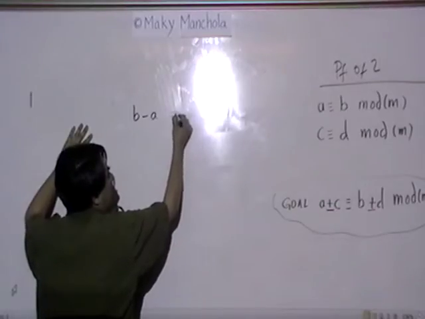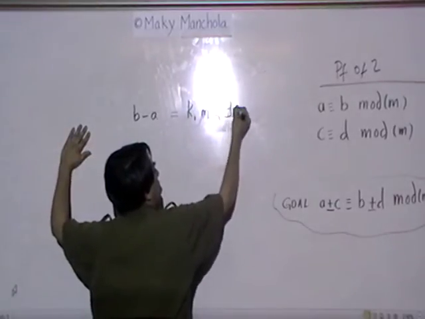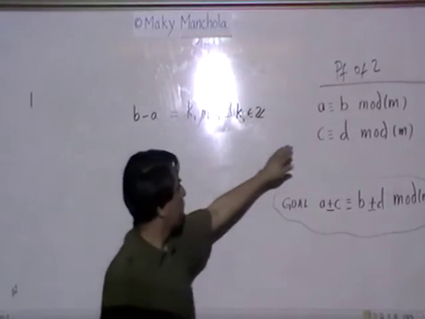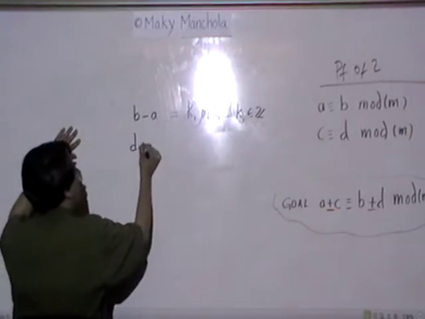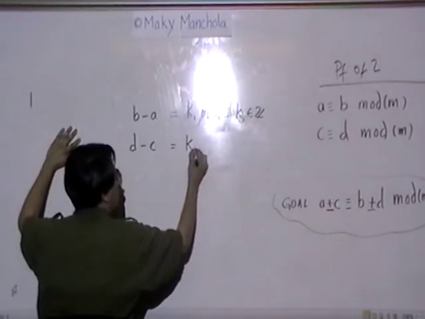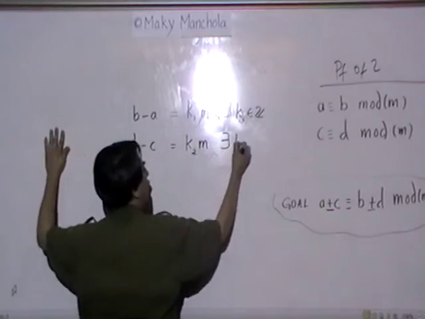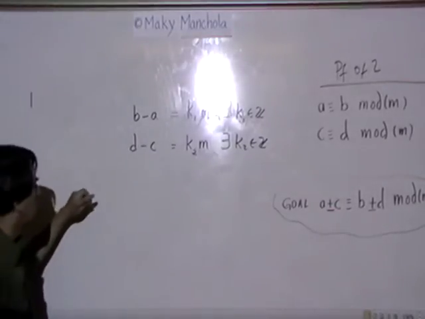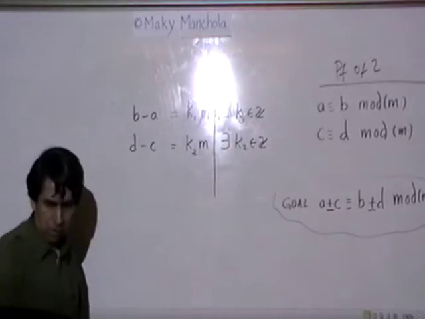That's the same as saying B minus A is K1 times M for some integer K1. Similarly, C is congruent to D mod M means that D minus C is a multiple of M, so we're going to call it K2 times M for some integer K2. Let's do the following. In these equations right here, let's add them.